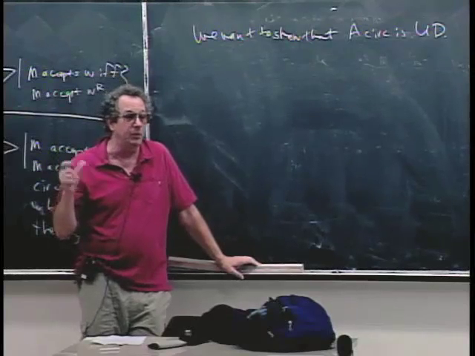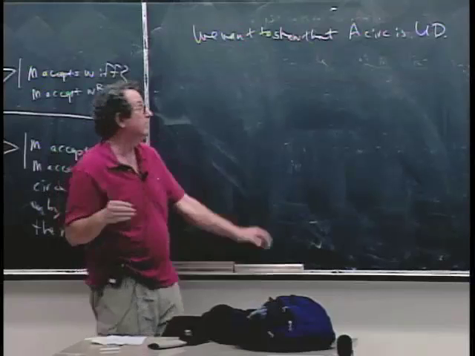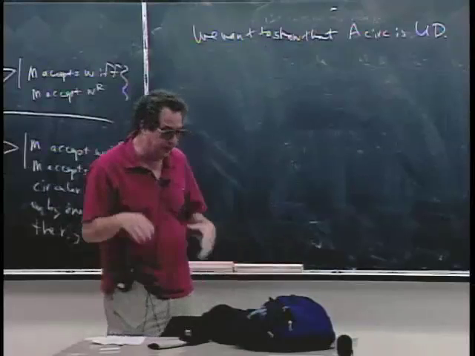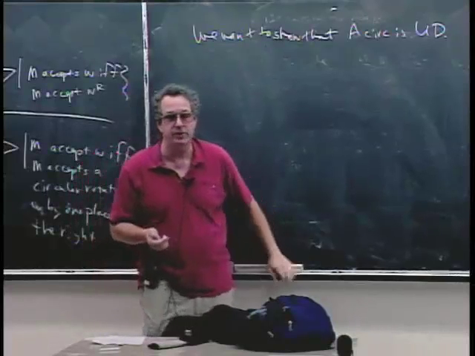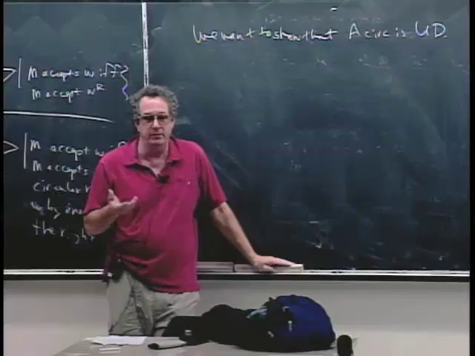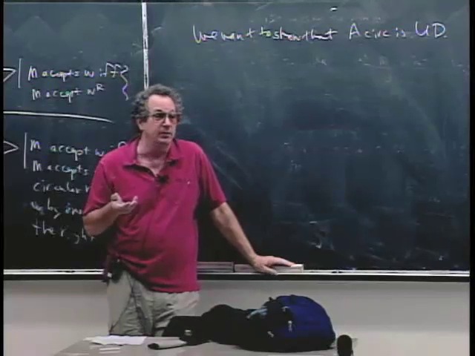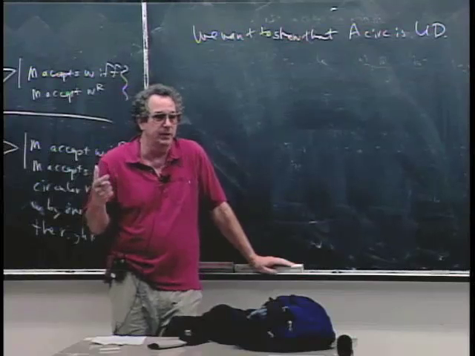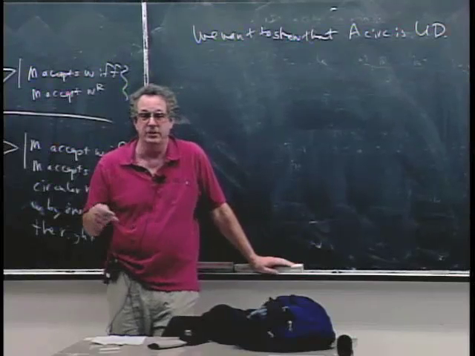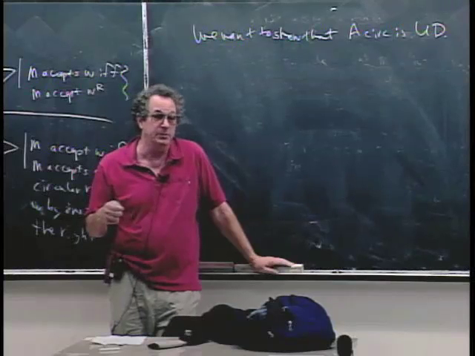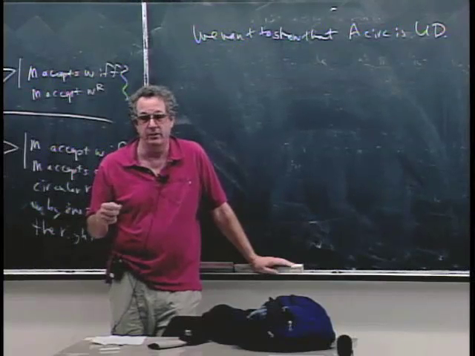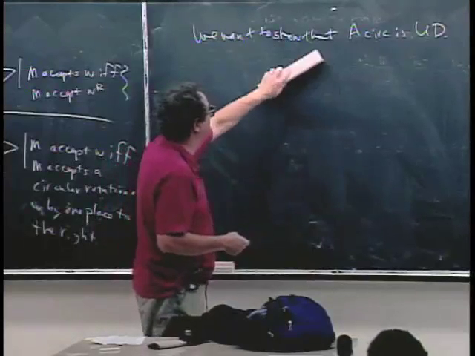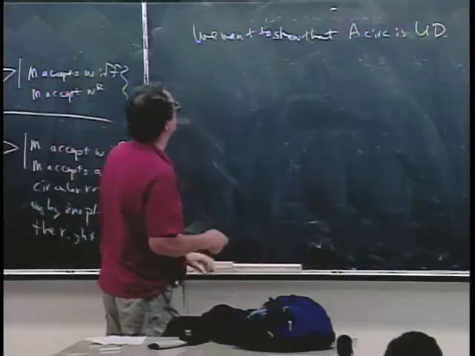So either one of those can play the role of A. This plays the role of B. And in doing these kinds of reduction proofs, it's really a matter of judgment which language you use for A. Sometimes some languages make it very easy to do the reduction if they're used as A, and sometimes other languages make it very hard. But I'm not claiming that this is the best choice. I'm going to use ATM.